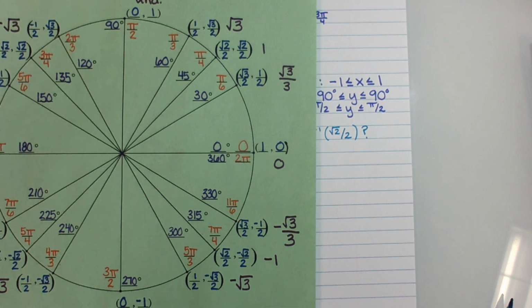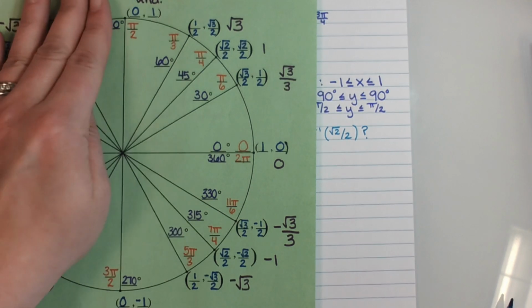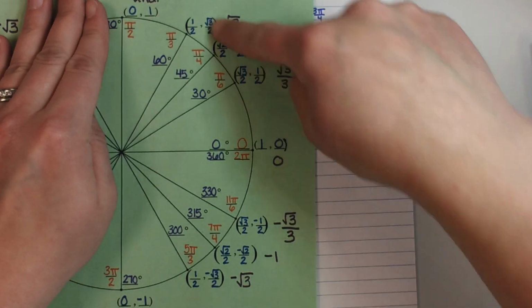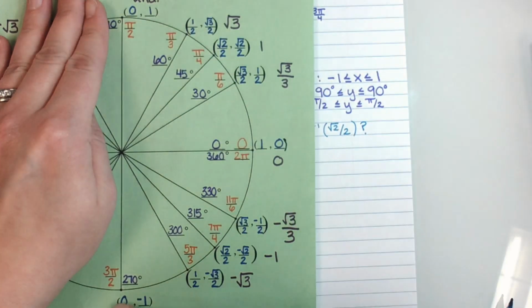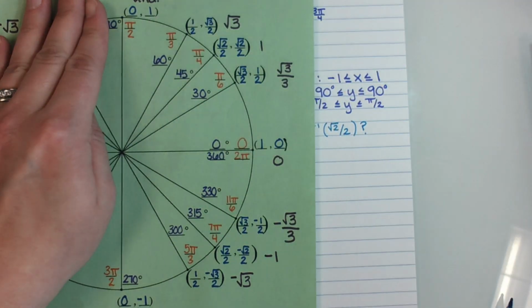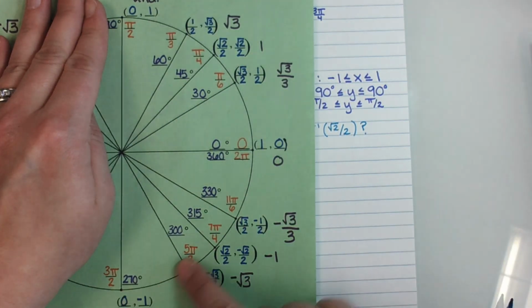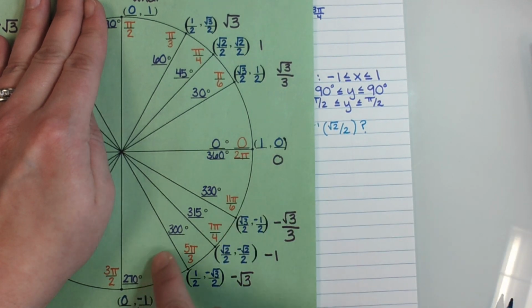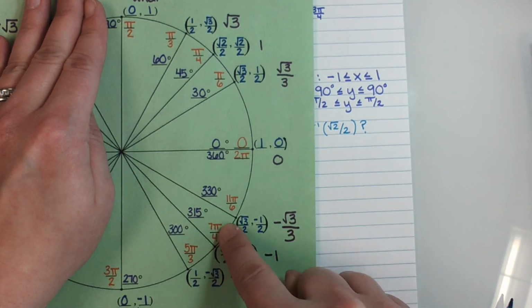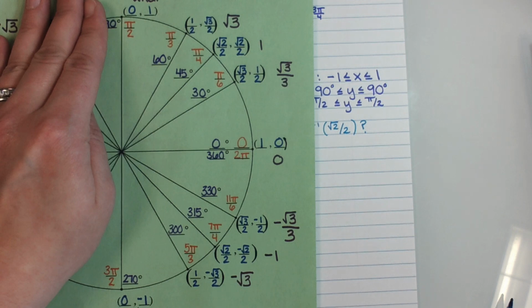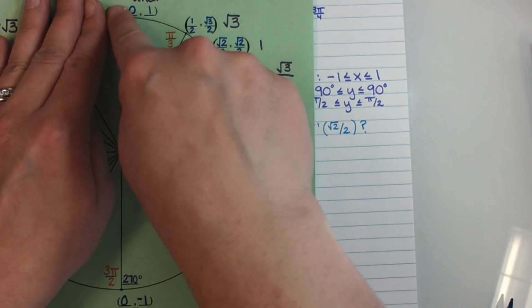So, if I am trying to look for sine inverse of square root of 2 over 2, I can use my unit circle and say, where in this area is sine square root of 2 over 2? And if the answer is down here, I don't write this angle, I find its negative coterminal angle. Where is sine square root of 2 over 2 in this region?